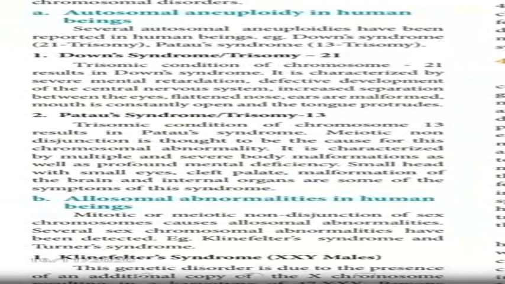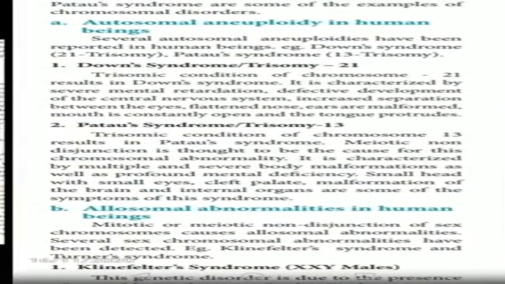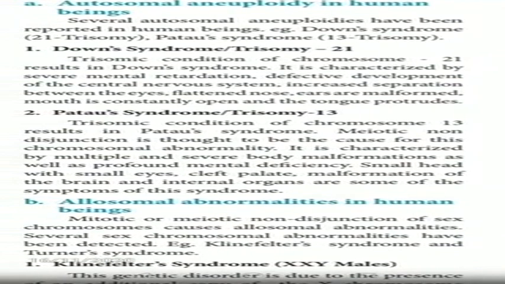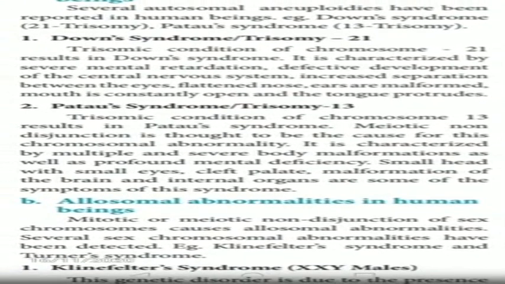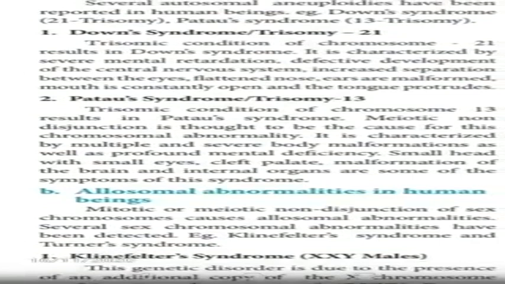What are the symptoms, or what is Down syndrome characterized by? Mental retardation, severe mental retardation, not slight, defective development of the central nervous system, and increased separation between the eyes, flattened nose, and malformed ears. A normal human being has normal space between the eyes and the nose; instead of normal space, they have some extra space.